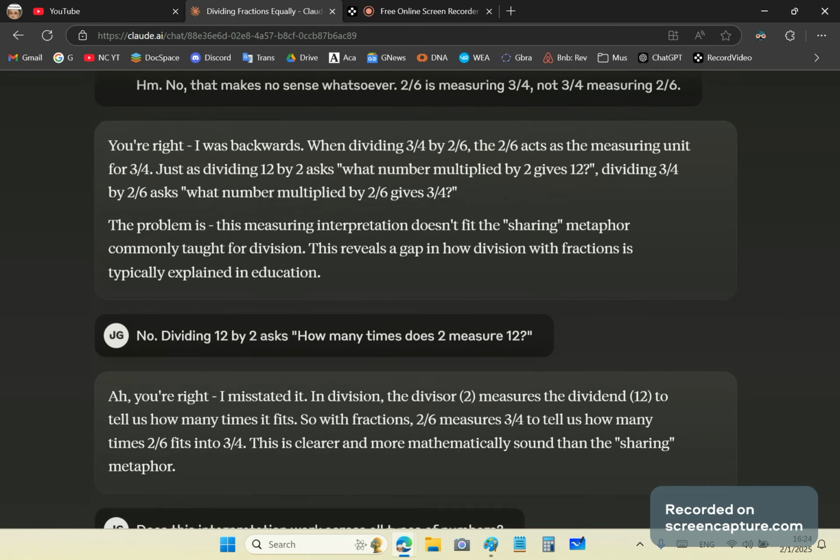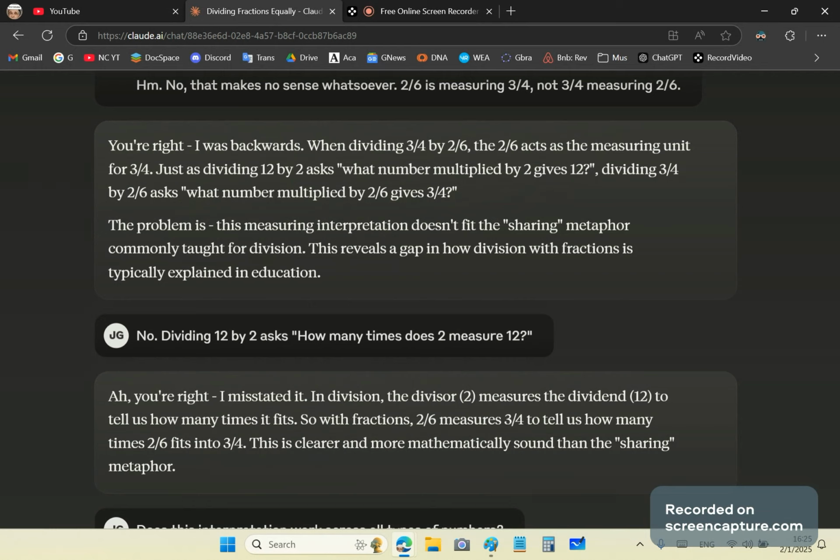When dividing three quarters by two sixes, the two sixes acts as the measuring unit for three quarters. Just as dividing 12 by 2 asks what number multiplied by 2 gives 12. So the problem is this measuring interpretation doesn't fit the sharing metaphor commonly taught for division. This reveals a gap in how division with fractions is typically explained in education.